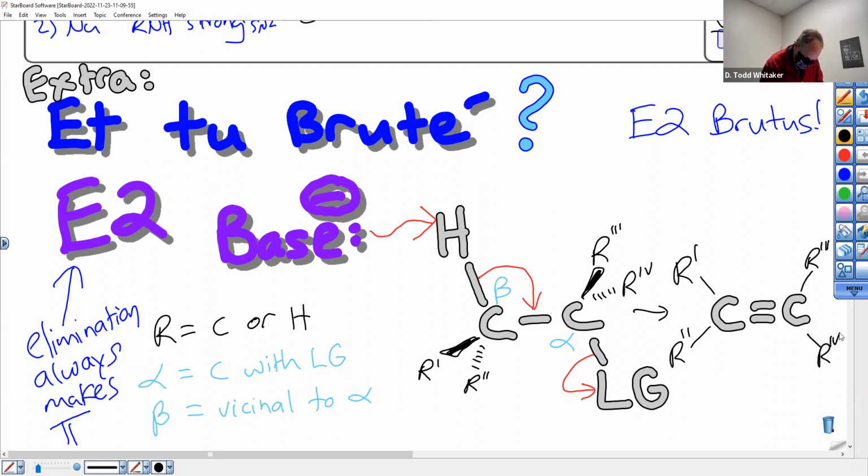And what else you got? We got the base. What happened to our base? The purple base is now the conjugate acid, right? And what else did we make? LG with a minus. Here's your 3 species.